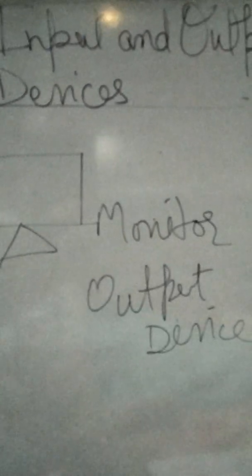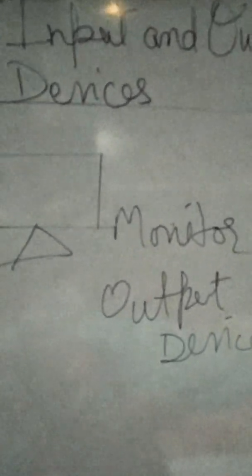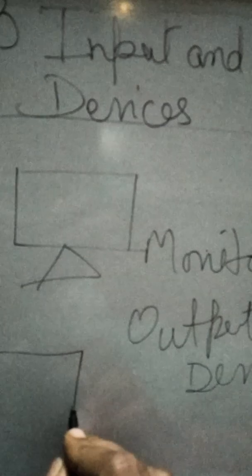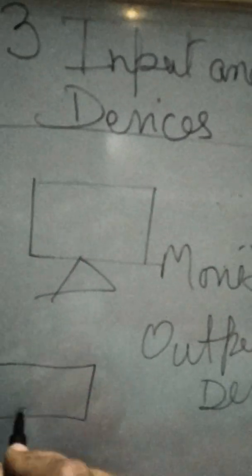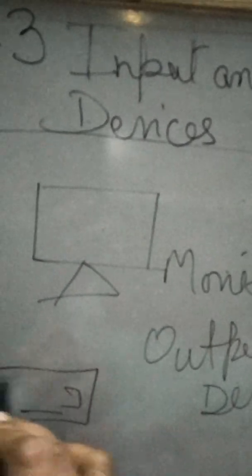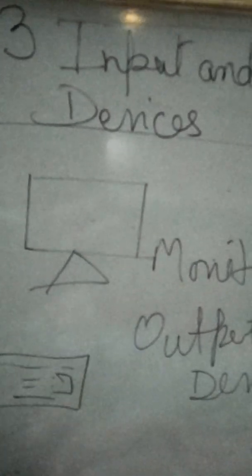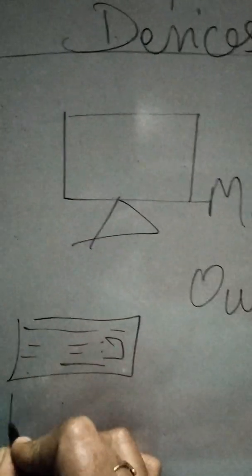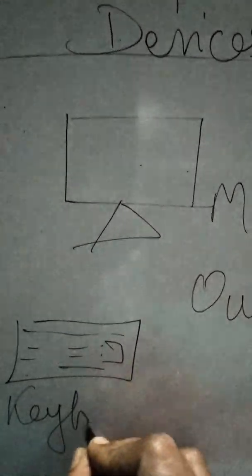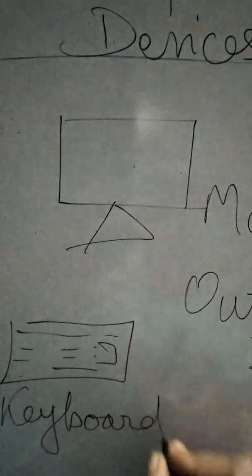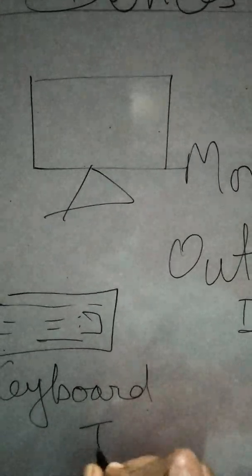Okay, this is an output device, and this is a keyboard. There are buttons on it. Children, this is a keyboard, and this is an input device.